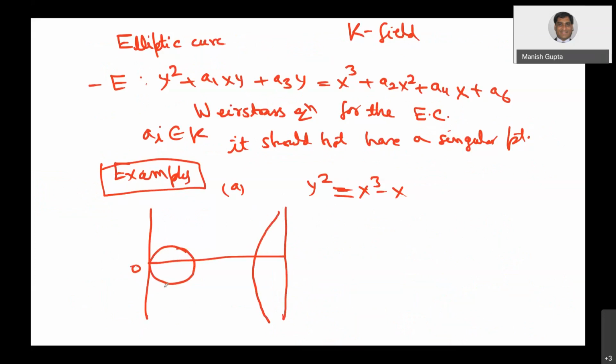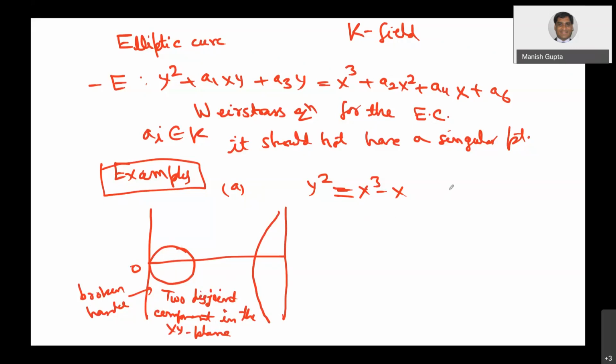So there are two disjoint components in the xy plane. This closed form of loop is known as a broken handle. So two disjoint components in the plane is here. This is one such example, right?